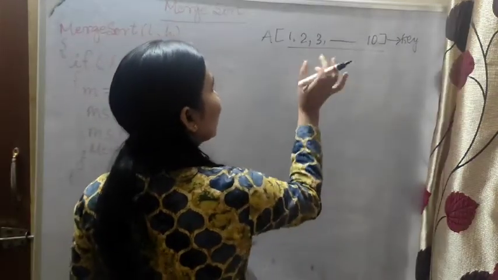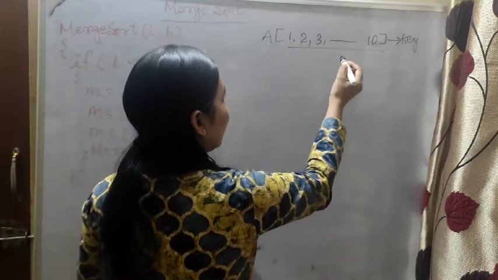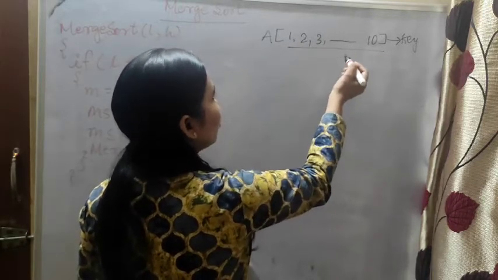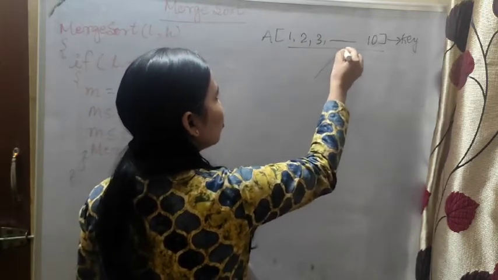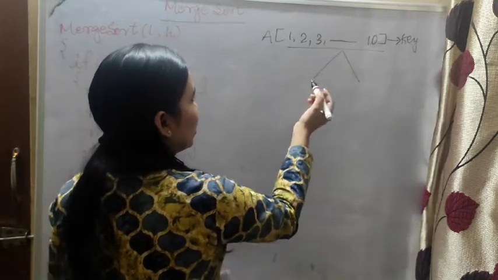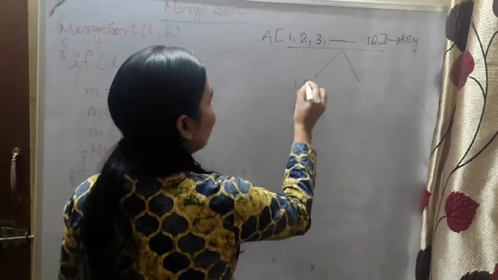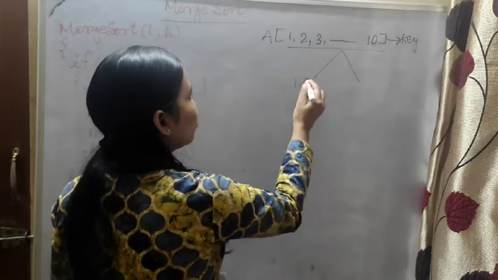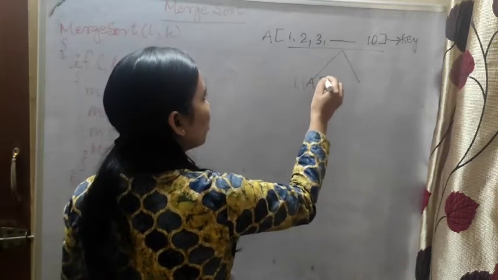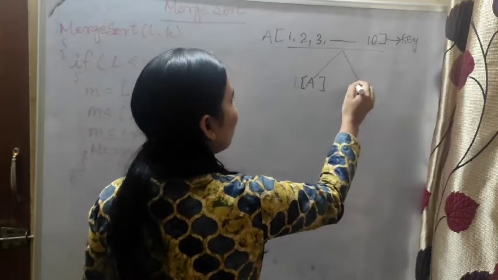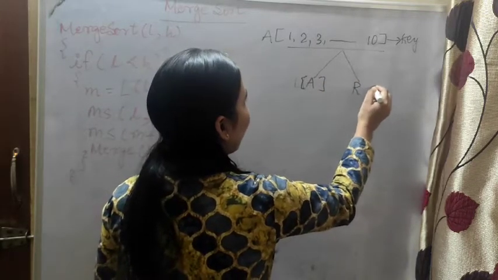That means this is a single array list, and we split it into two sublists, the first array part and the second array part. Suppose this is called the left of the array and this is called the right of the array.